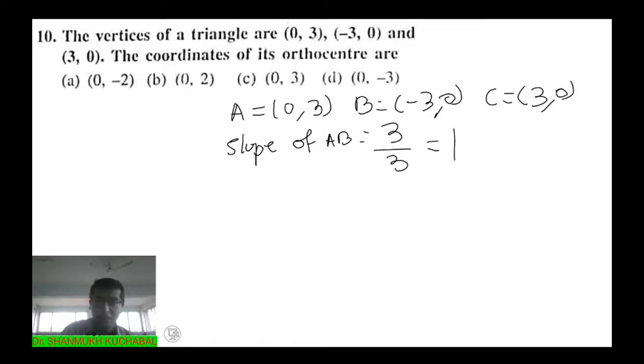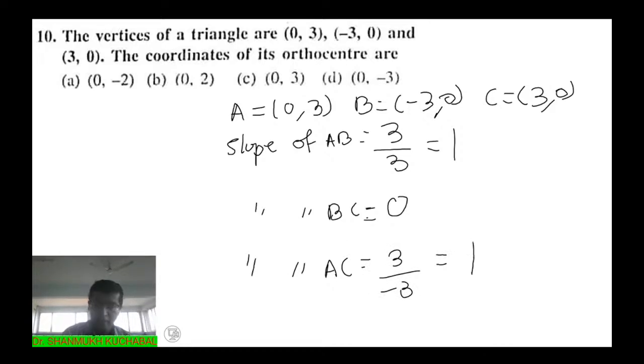Similarly, slope of BC is the y coordinate difference over the x coordinate difference, and we get 0, right? Similarly, next slope of AC, we get 3 divided by -3, the answer is -1.